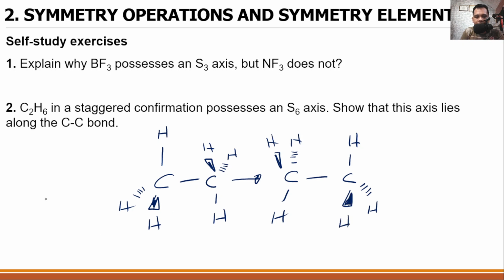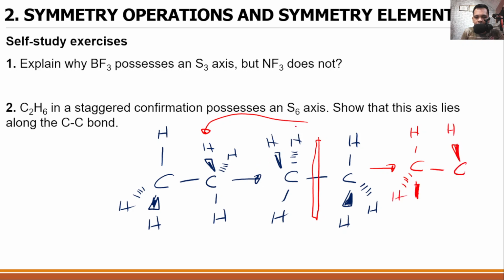So, after some rotation, di ba? Then, i-reflection mo. So, after some reflection, it will retain to its original position or value. Kasi, pagka tayo nagkaroon reflection, kunwari, susulat ko ulit siya, it's the same molecule as the first, di ba? So, that is why this one contains an S6 rotation or possesses an S6 axis dun sa ating molecules natin on staggered ethane. So, that explains it. Okay? So, I hope you get it.